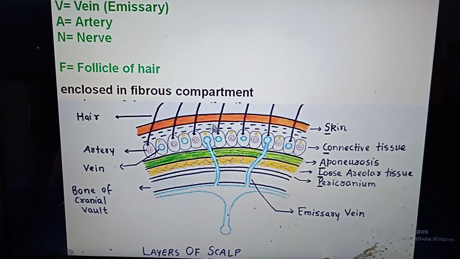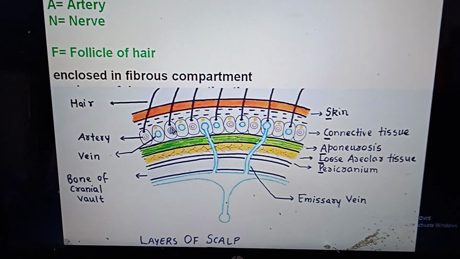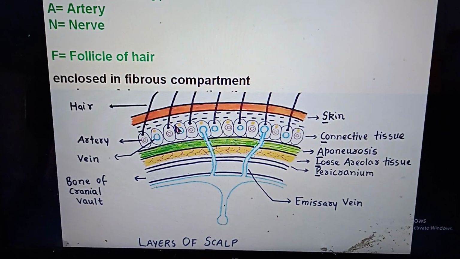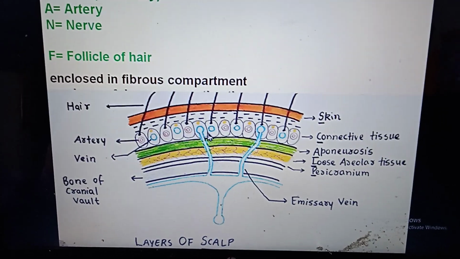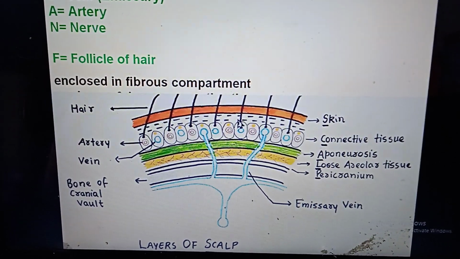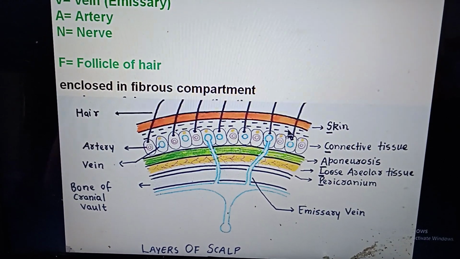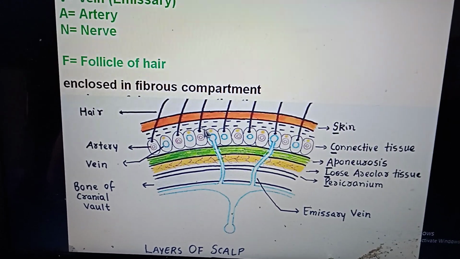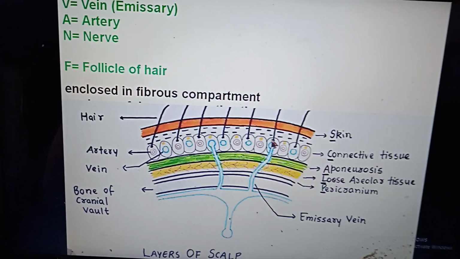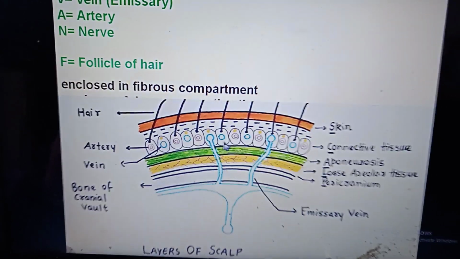This is the connective tissue layer, in which there are fibrous compartments. You are seeing this round or oval structure. These are the compartments made by fibrous septa, and each compartment has one vein. This one, this is emissary vein.